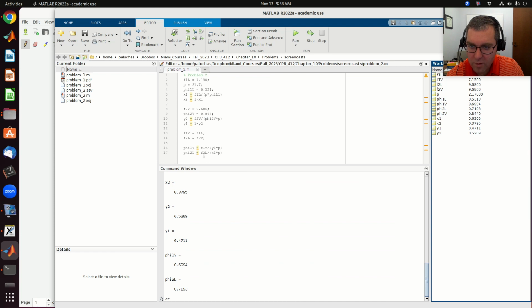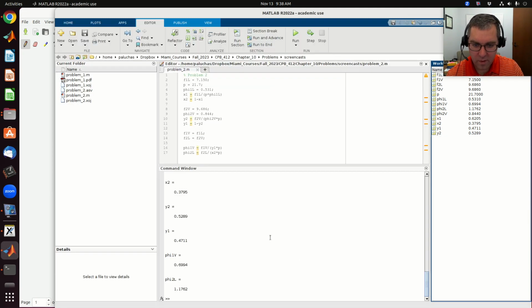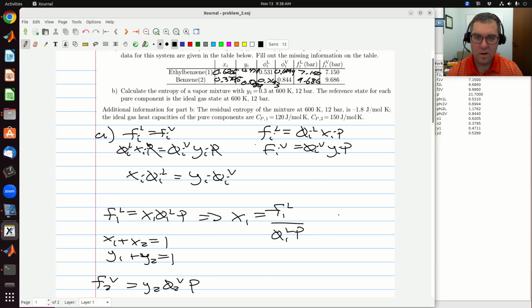And so this f2l, oh, it's right here. Instead of x1, this should be x2. Okay. So now if I run it, this is 1.1762. Now we're good. Component 2 is the most volatile component, so y2 is greater than x2. So then the fugacity coefficient of my liquid is greater than that of my vapor. Okay, cool. Got it.